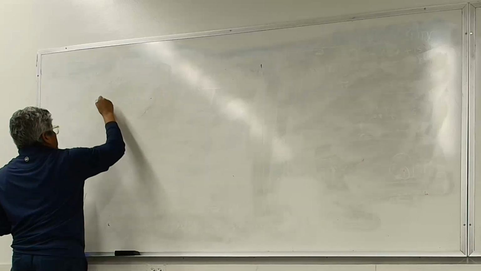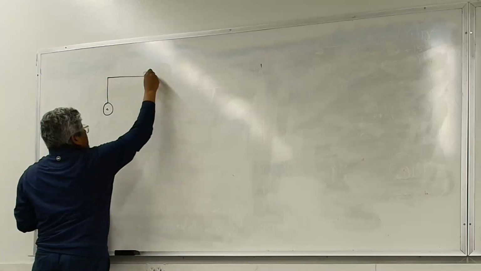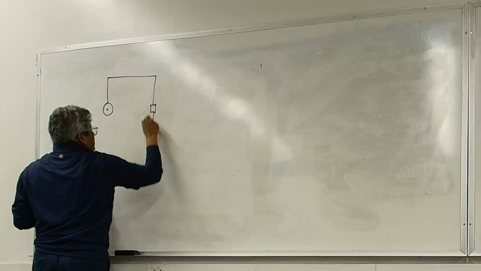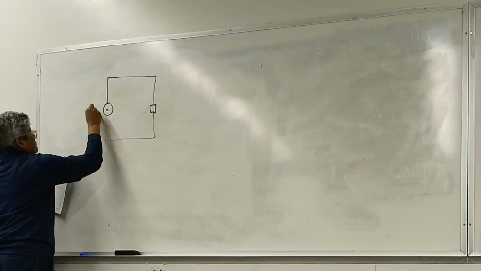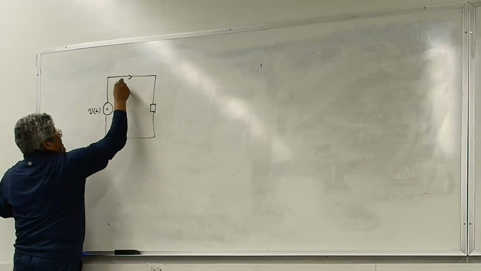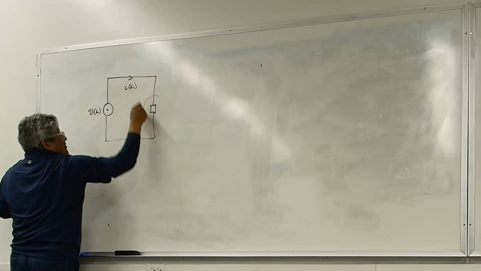You have a circuit, and I don't know what the circuit is. All I know is this voltage, and by the way, I know this current. I don't know what this is.